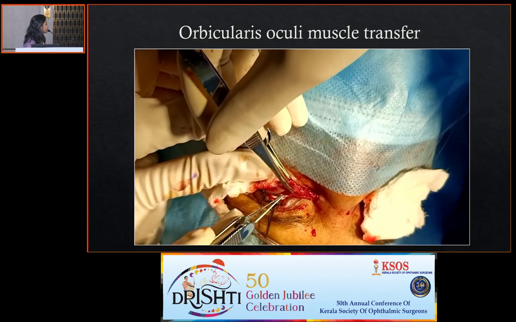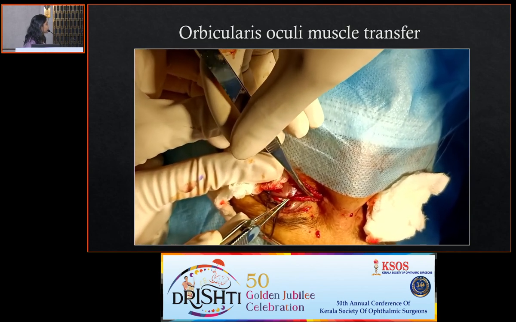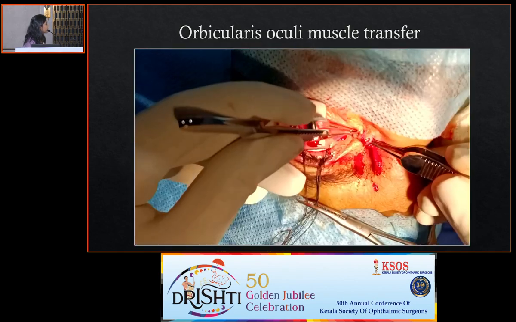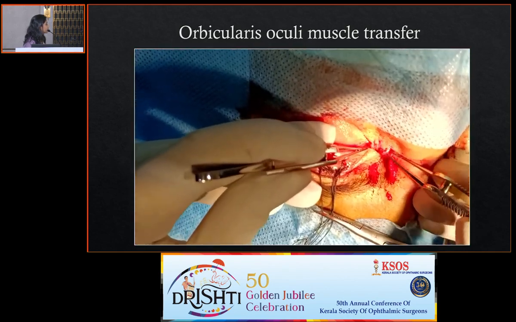The orbicularis muscle flap is then divided into superior and inferior slits, which are then tunneled through the subcutaneous plane to the lower and upper lids.